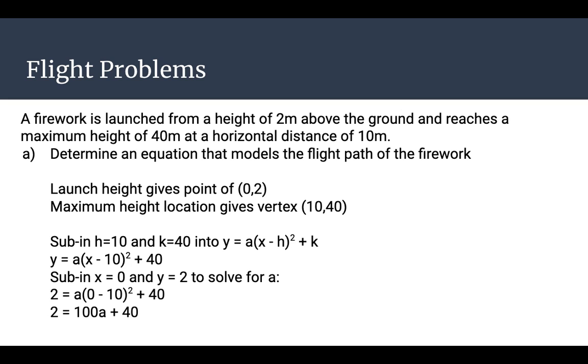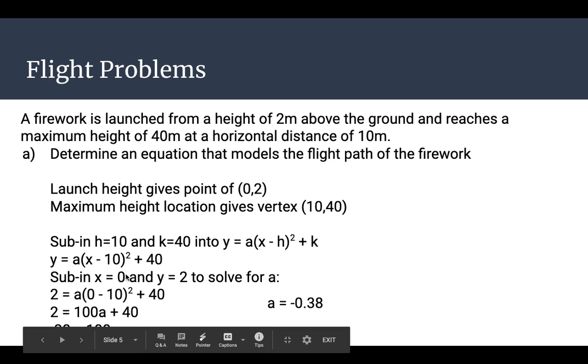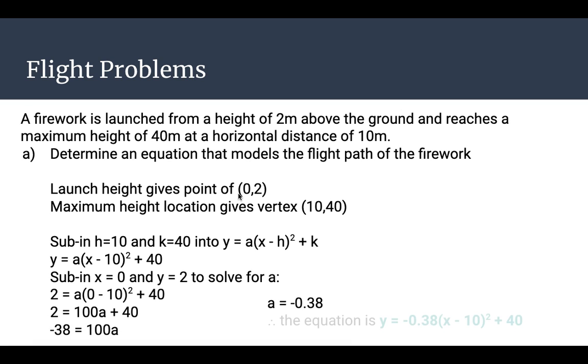So we get 2 equals 100a plus 40. We then need to subtract 40 from both sides to get negative 38 equals 100a. And then to get rid of that 100, we need to divide both sides by 100. So a is negative 0.38.